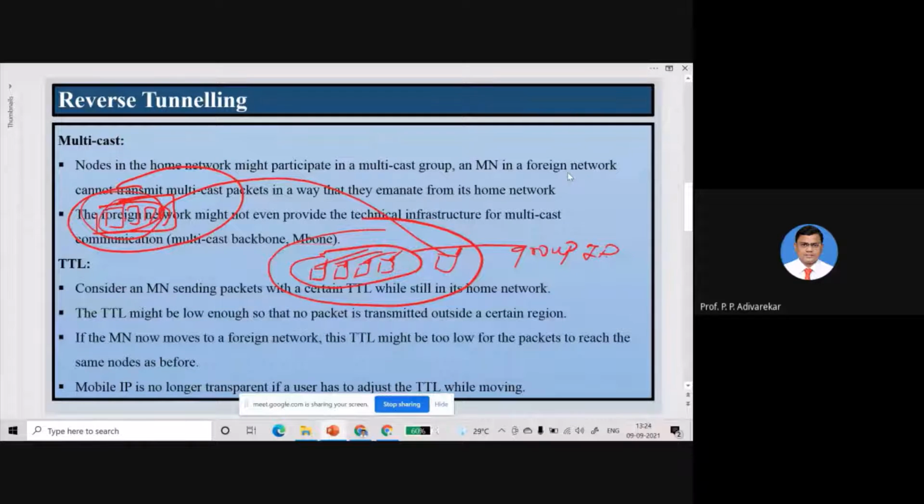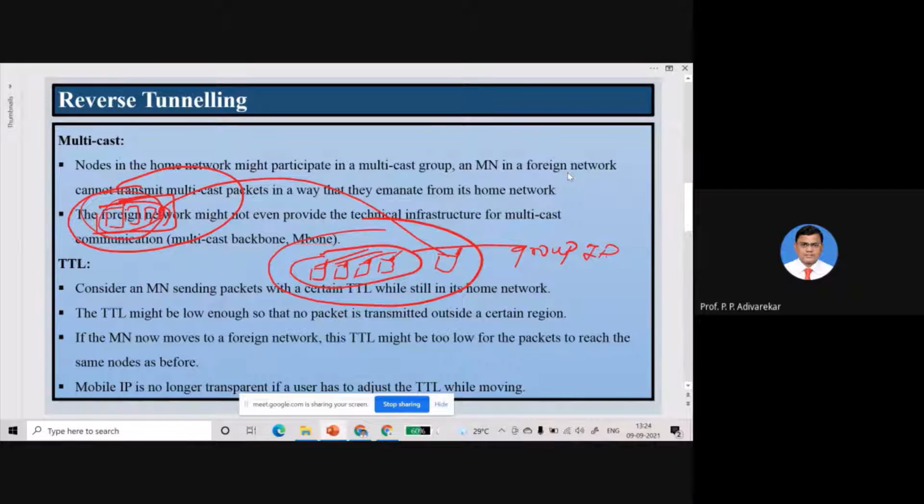That multicast backbone, or MBone, is the infrastructure responsible for creating the multicast group, keeping track of all the nodes within each group, and then delivering the packets to each group.